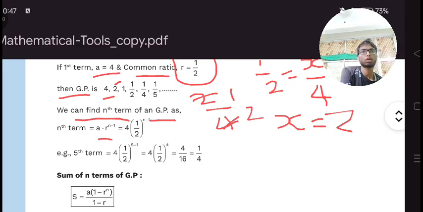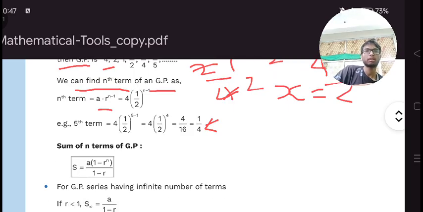So 4 multiplied by 1 upon 2 raised to 5 minus 1. After simplifying, 1 upon 4 is coming as output, and the meaning of this output is that at the fifth place, the term is 1 upon 4.